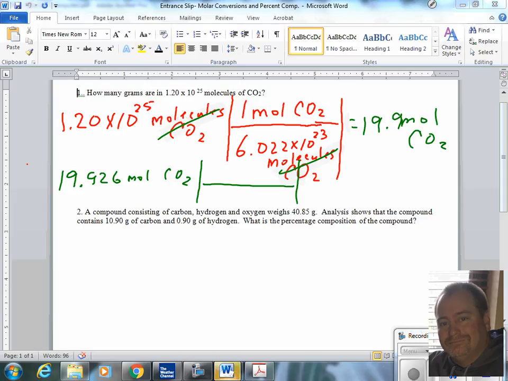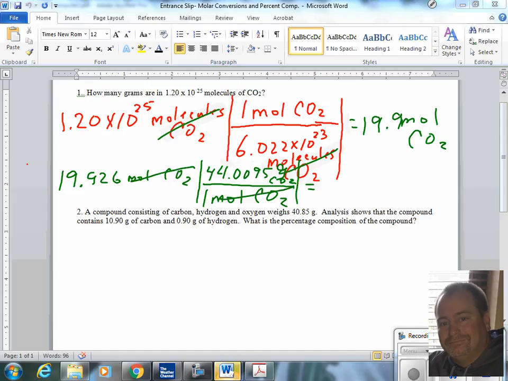Plus, I added on to that the mass of carbon, which is 12.0107. So my molar mass now is, I have 1 mole of CO2 has a mass of 44.0095 grams of CO2. I get a cancellation there.